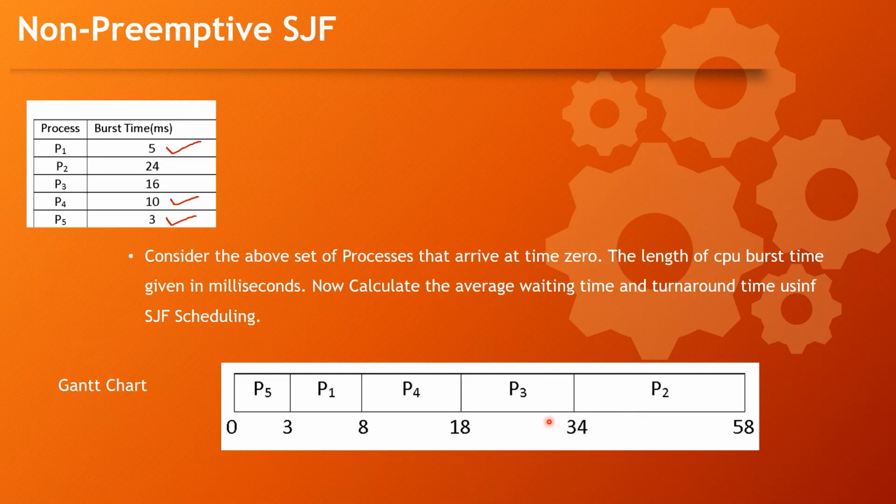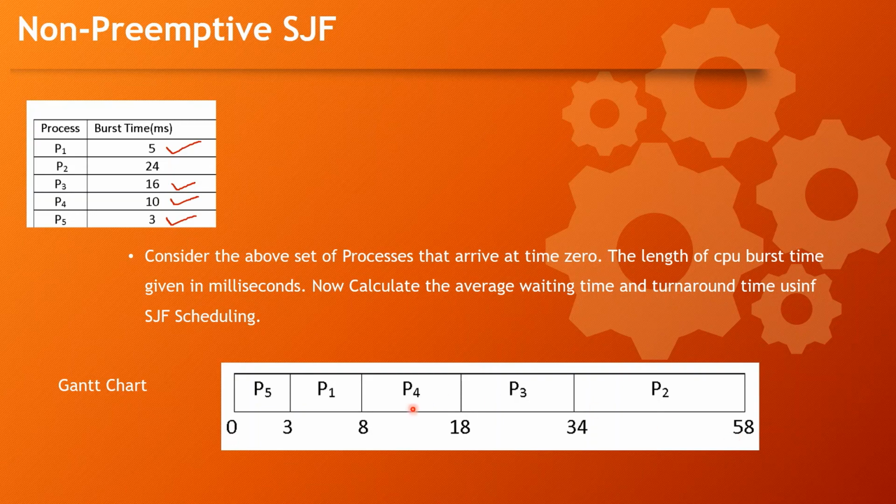Now P2 is left out, so at the last we take P2 with 24. P2 starts at 34, 34 plus 24 is 58. By the 58th millisecond, all the processes have completed their execution.